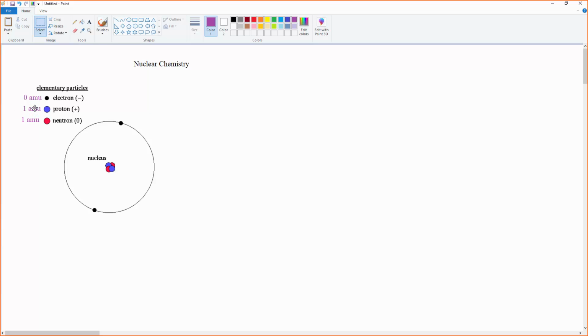The proton and the neutron weigh about 2,000 times as much as the electron. So you should know that electrons absolutely do have mass, but compared to the protons and neutrons, the mass added by the electrons essentially gets rounded off. It's not significant in terms of the significant digits that we report. So essentially 0. Do you guys remember this?